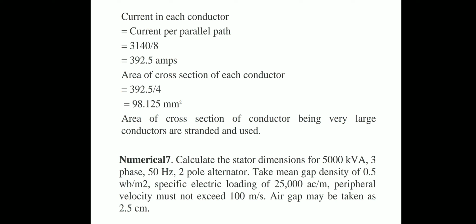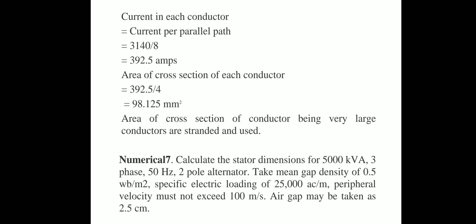Current in each conductor is equal to current per parallel path, which is 3140 divided by 8. 8 was your parallel paths and 3140 is the total amperes coming. The result is 392.5 amperes. Now the area of cross section of each conductor is 392.5 upon 4. It is coming 98.125 mm square.